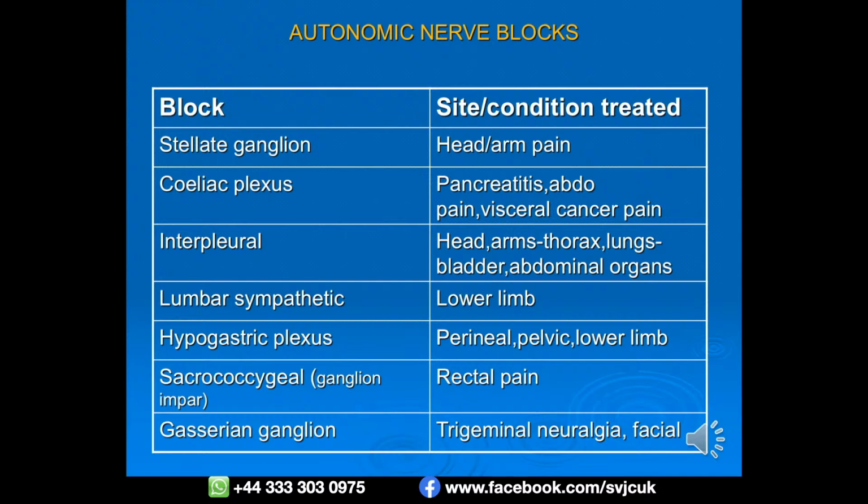Lumbar sympathetic blocks, usually for lower limb pain. Hypogastric plexus for perineal, pelvic, and lower limb pain. And sacrococcygeal ganglion or ganglion of Impar, used for rectal pain, for example, and Gasserian ganglion for trigeminal neuralgia and facial pain.